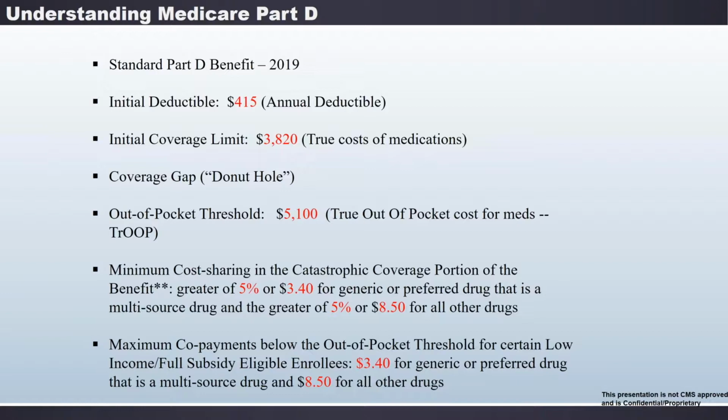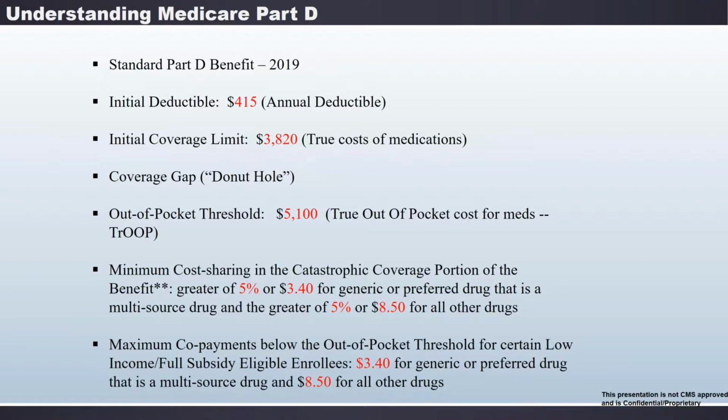And depending on a lot of different things as to where you fall in, are you receiving a subsidy, or are you using Medicare, Medicaid, just what's going on. For persons with nothing, in other words, most of us, your cost for the drug will be 5% of the cost, or $3.40 for a generic or preferred drug, whichever is greater, or 5% of the cost, or $8.50 for all other drugs.